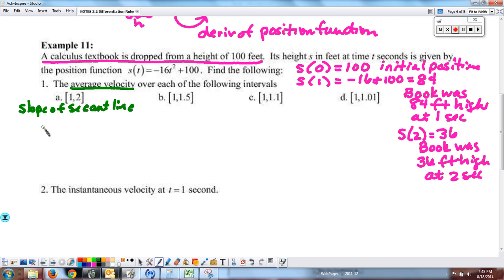To calculate the slope of the secant line, I need 2 points. I have the first point, 1, and then our S of 1, which we calculated over here, which was 84. And I have my 2, and then I calculate my position at 2, which was 36. So I'm basically using those 2 points to calculate the slope of the secant line.